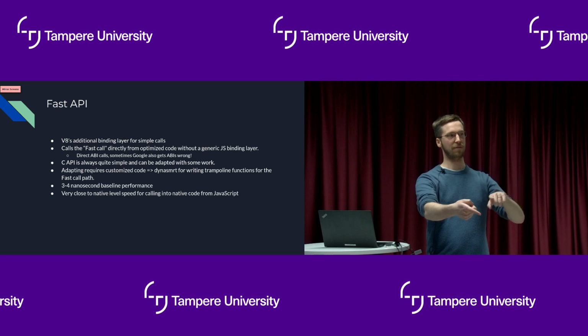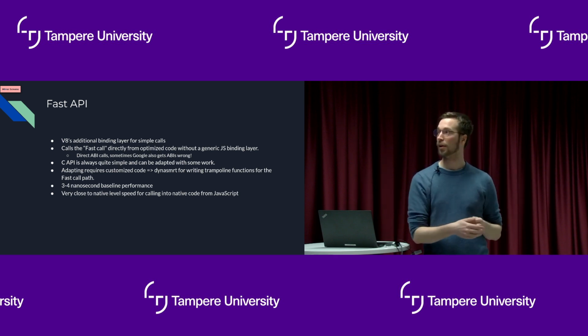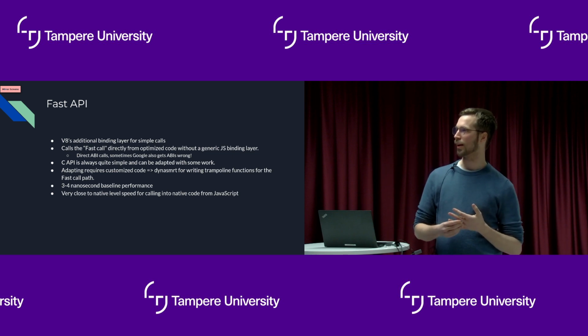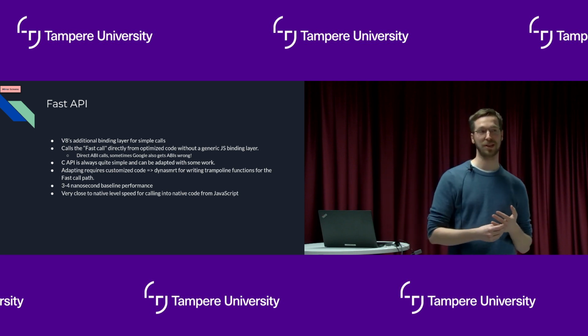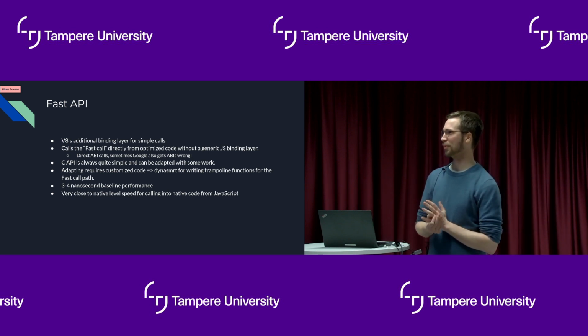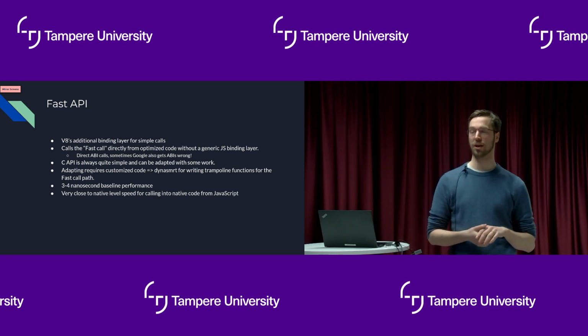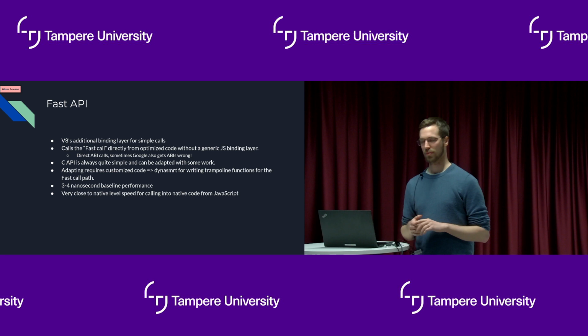And we get a very freaking fast foreign function interface in Deno, thanks in many parts to, okay, there's of course V8 to thank, but also the Rust ecosystem with Dynasm RT and so on. Gets very close to native level speeds, 3 to 4 nanosecond baseline performance. This is pretty fun stuff.